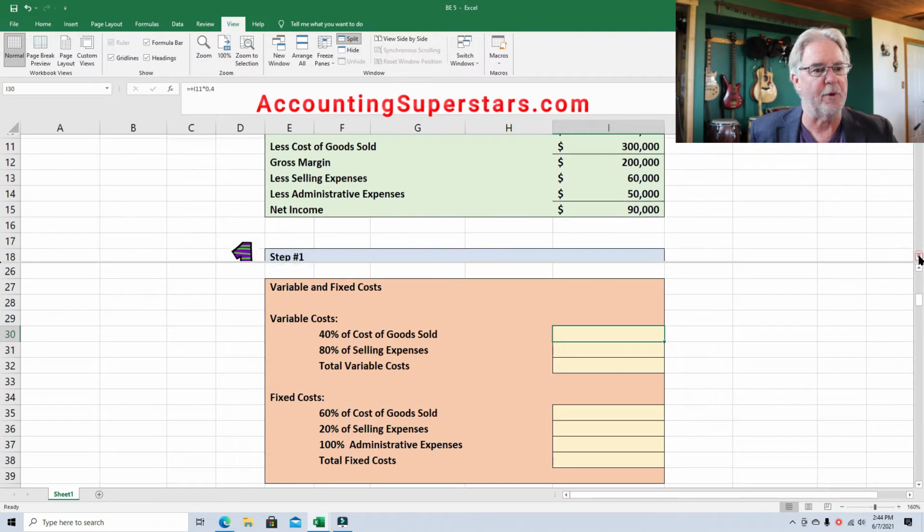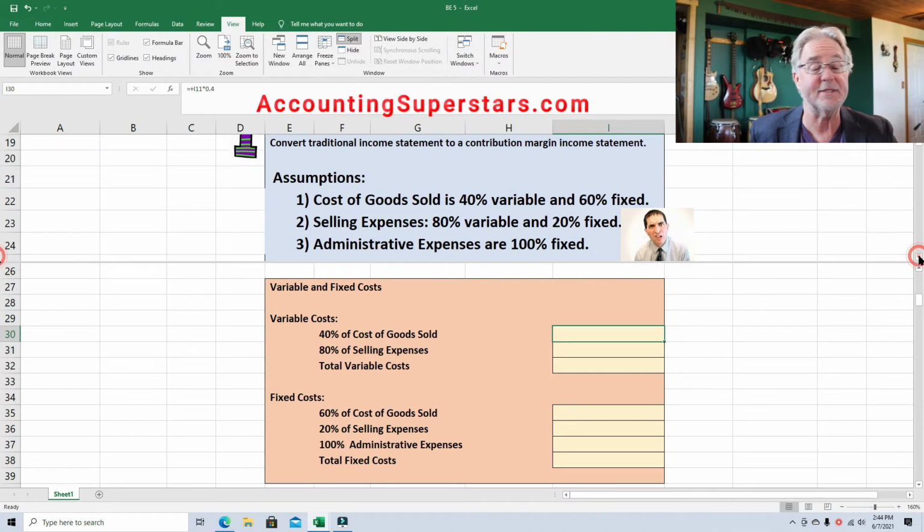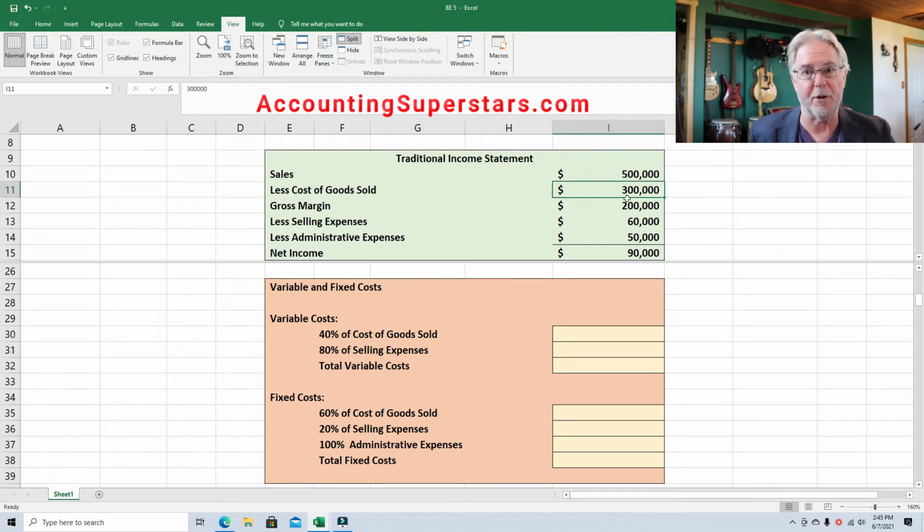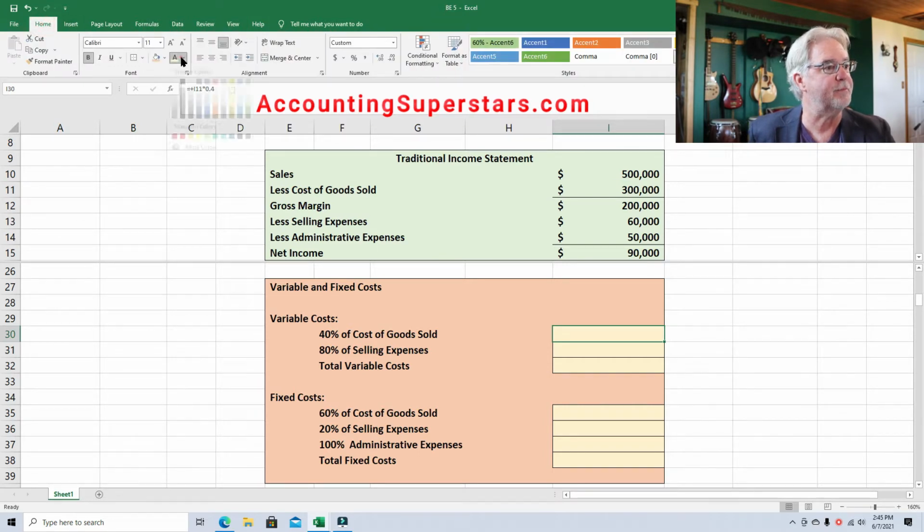Well, from right down here, from these assumptions. Cost of goods sold is 40% variable and 60% fixed. So all we need to do is take this $300,000, multiply it by 40%, and we will have the variable portion. There it is, 120,000.